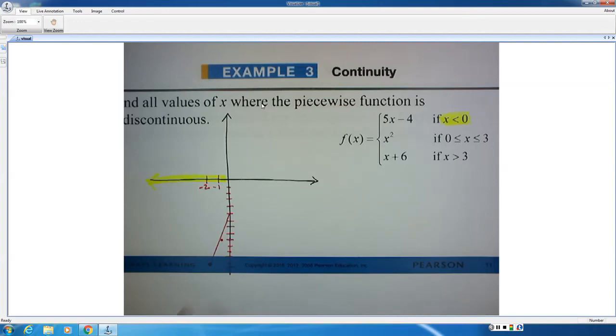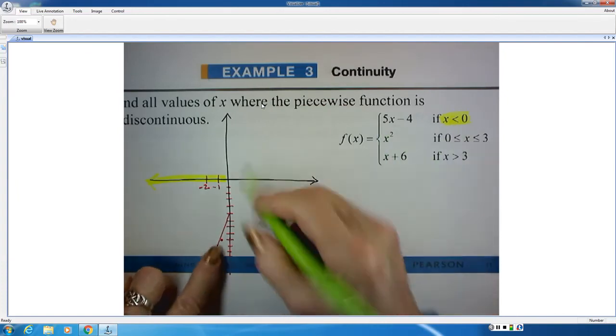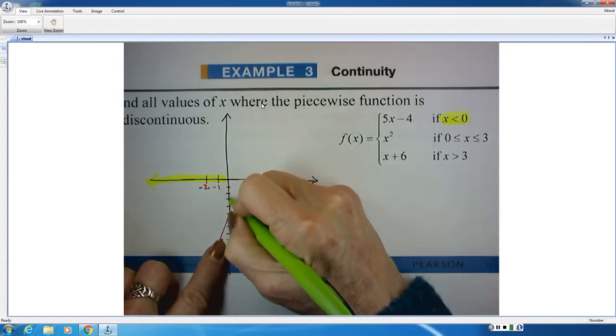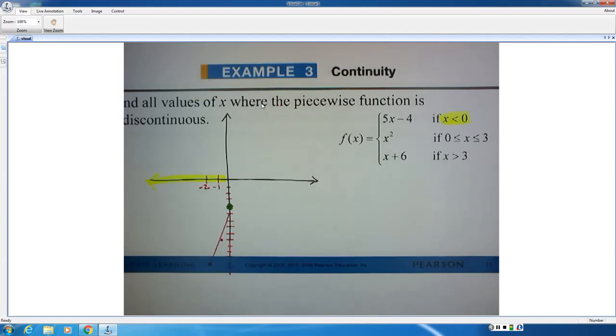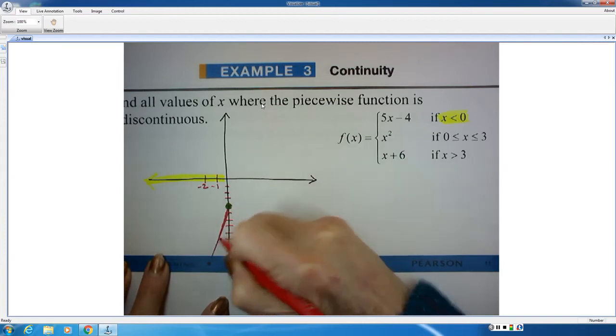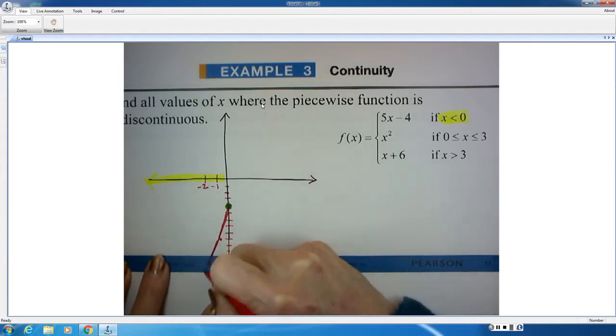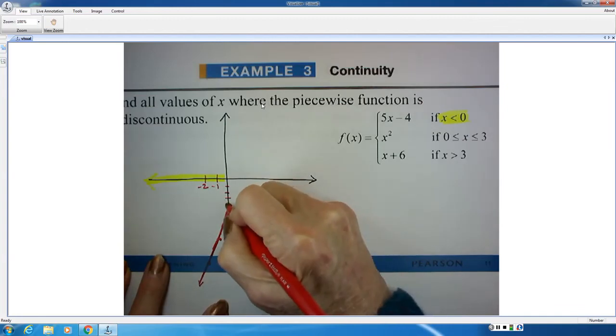Now, what I want you to understand is, if we were allowed to use 0, then this point should actually be at negative 1, 2, 3, 4. It would be there, but it's not. That big green blob I put there says this really wants to be at negative 4, but it can't be.